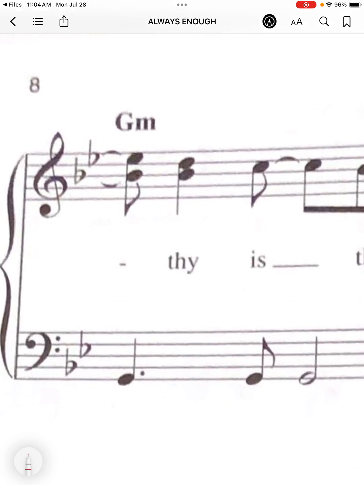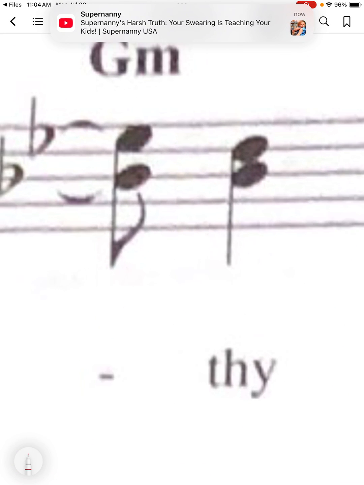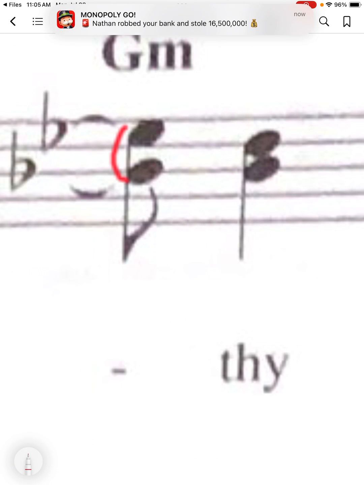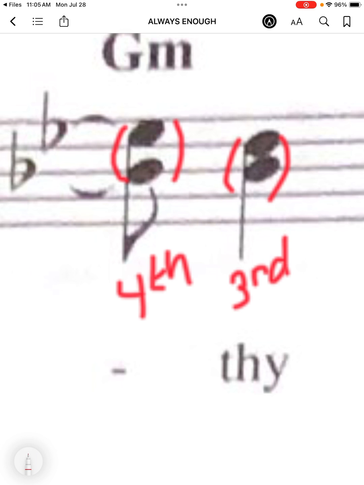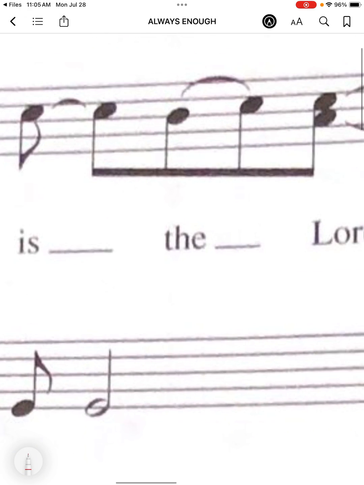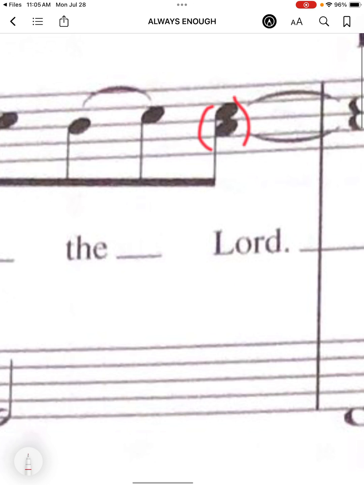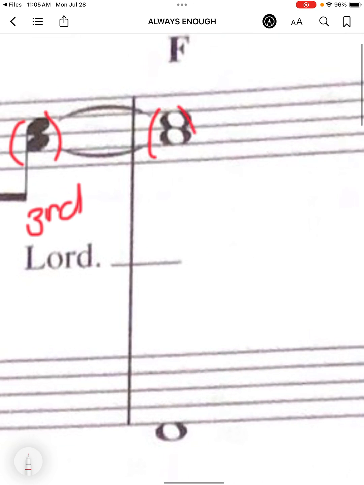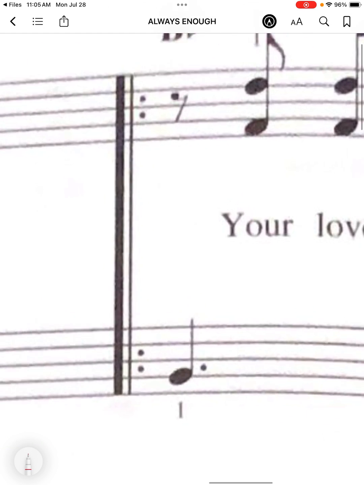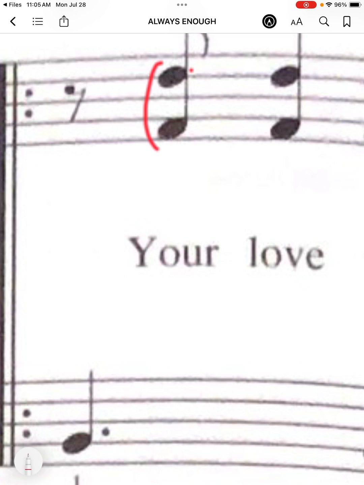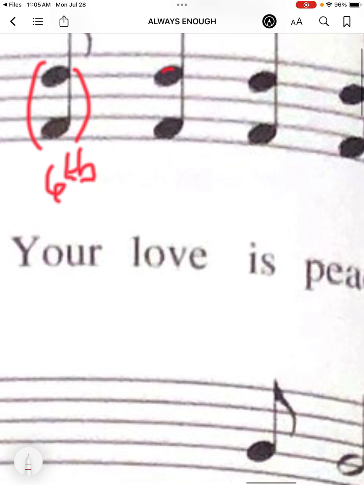Okay, so let's do just this page here. So it'll be a fourth, a third, and third on them, third. Bam, that's going to be a sixth. Sixth.